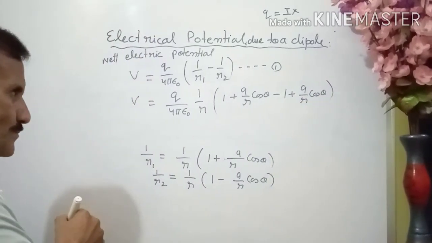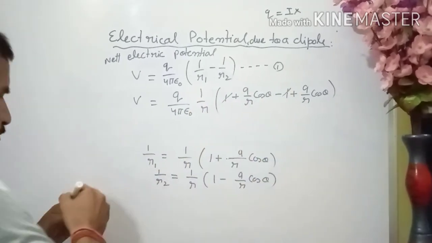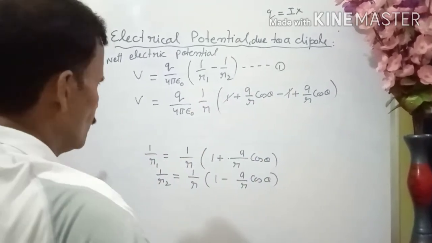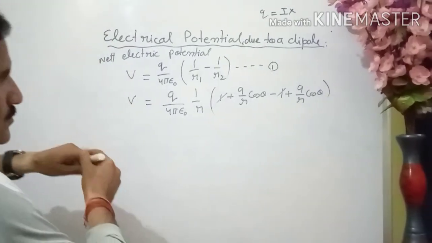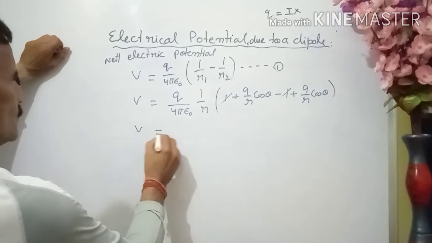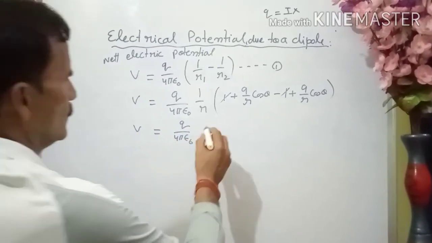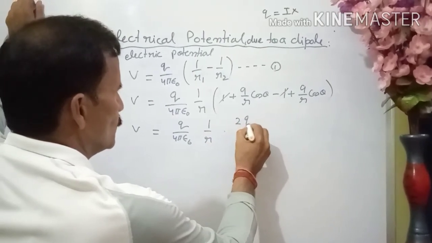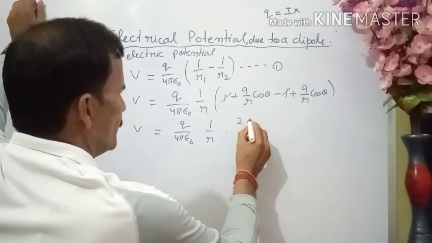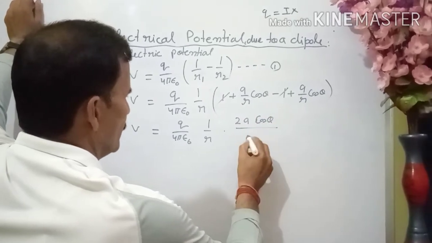Okay? Very simple. Now this minus 1 goes. So you are getting V is equal to Q upon 4 pi epsilon naught, 1 upon r into 2a cos theta upon r.